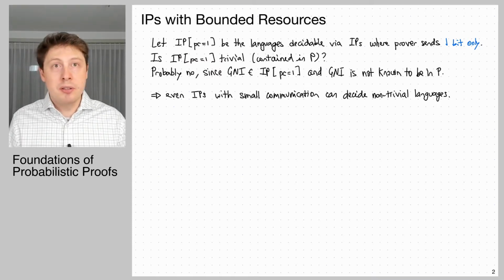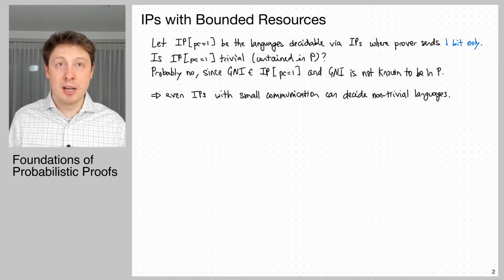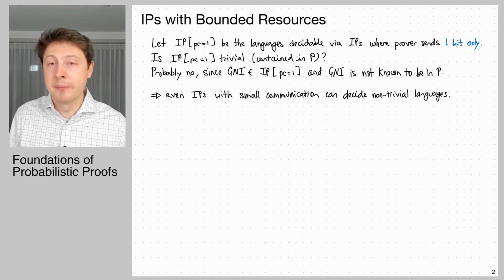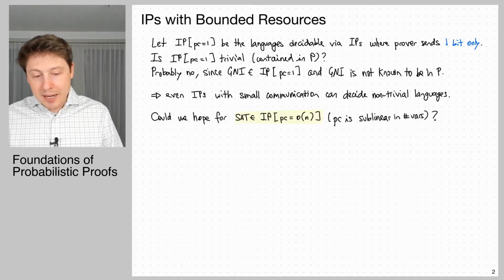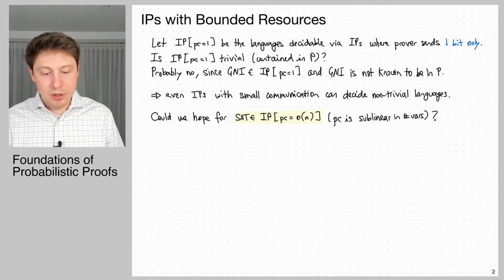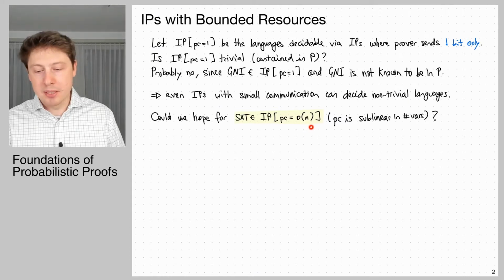But maybe we're not very interested in GNI because it's not complete for an interesting class. In particular, it is not believed to be co-NP complete. So we could ask a potentially more intriguing question: could we hope for an NP-complete problem like SAT to have an interactive proof where the prover sends a sublinear number of bits in the number of variables?